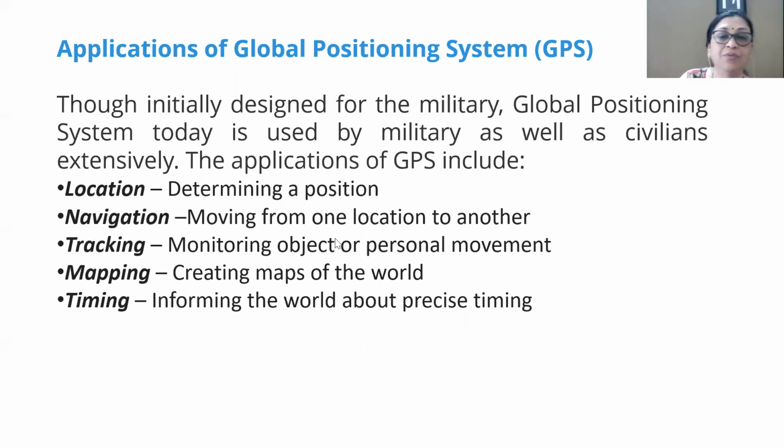Navigation means moving from one location to another location and determining the position. Tracking or monitoring of an object can be done with the help of GPS. Creating maps can also be done with the help of GPS. And it provides precise timing; precisely calculated timings will be provided by this type of system.